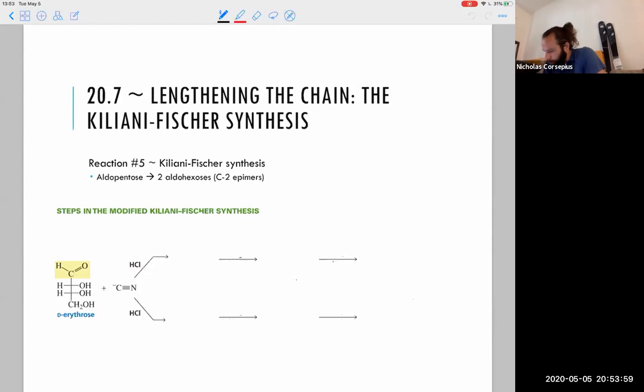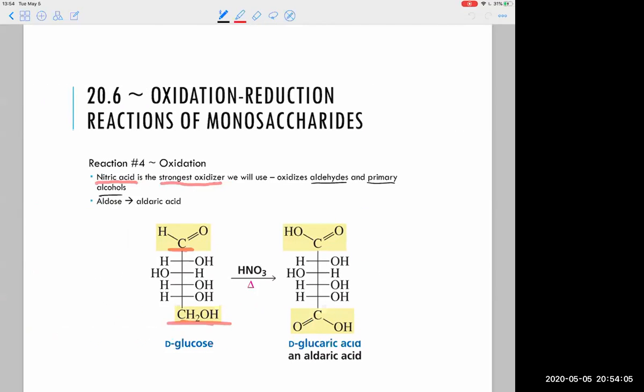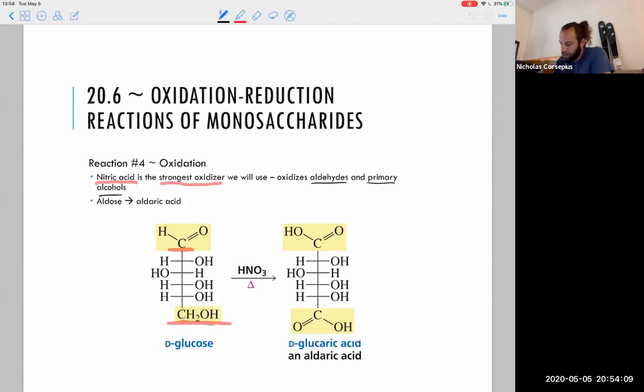Let's walk through this. The last reaction, is that for both aldose and ketose? For the strong base, you mean this guy right here? Yeah. So this is nitric acid, strong acid. An aldose, you would get a dicarboxylic acid product, right?